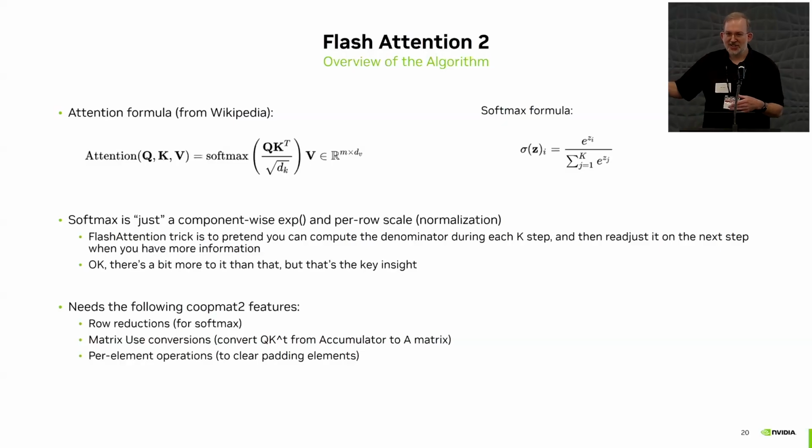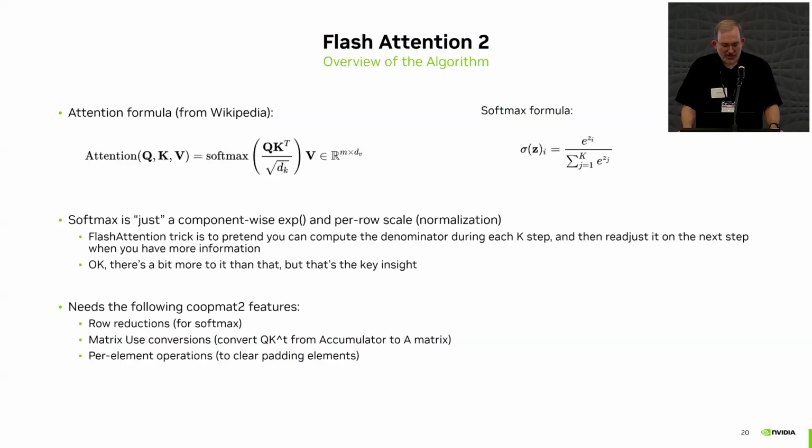And then on the next iteration, you have more information, you update what that should be, divide out the old scale, multiply in the new scale, and keep going. So it's a neat little trick. Seems like it would have floating point issues, but I've actually read it actually is better. It's more stable, so that's cool. Yeah. So this is a very popular optimization. The transformer networks are getting more popular, so this is an important use case.